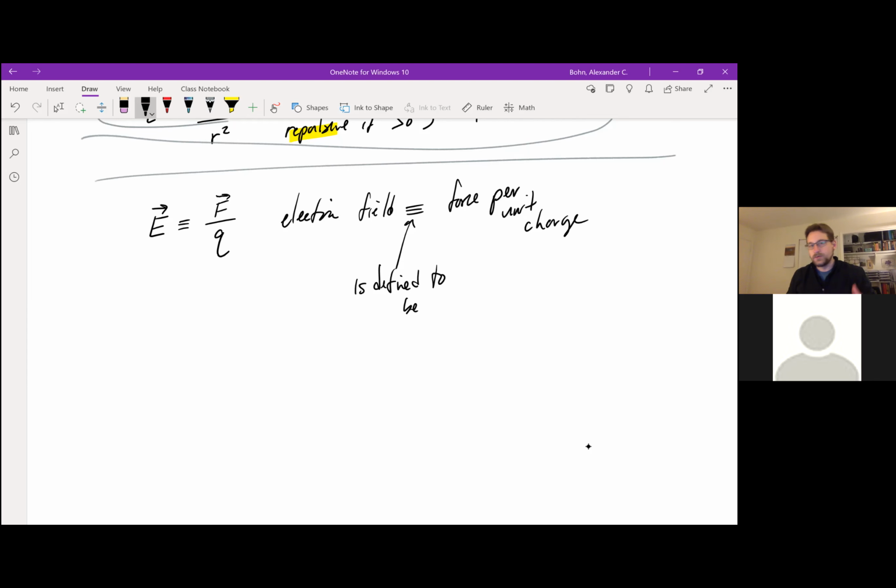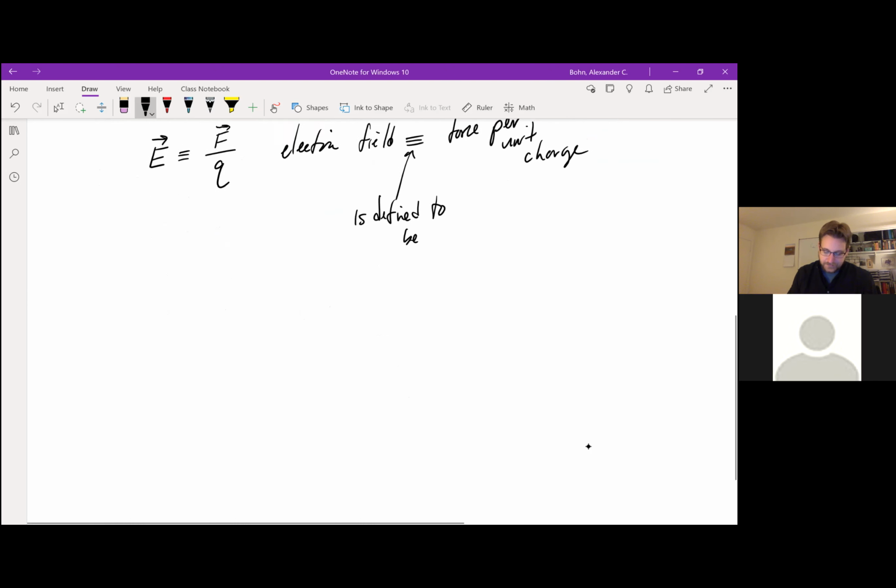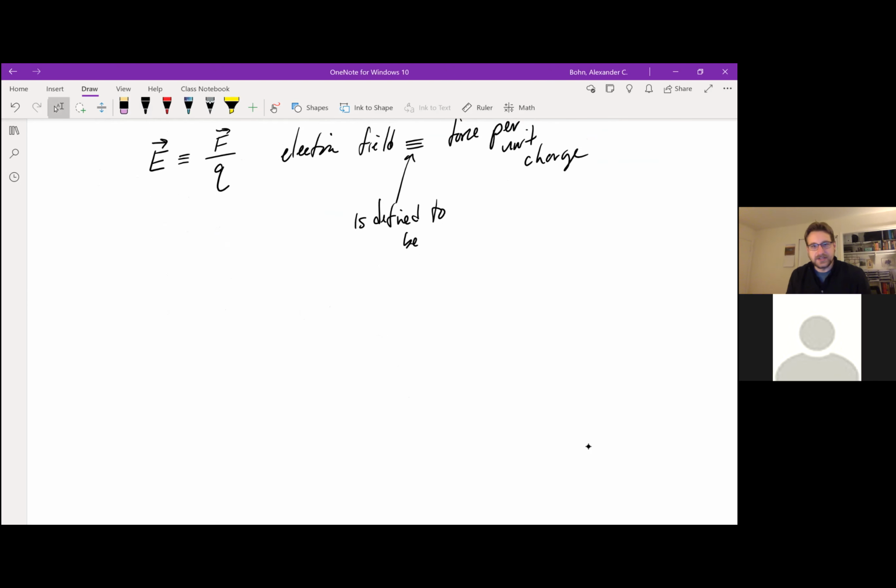Okay, so if we can talk about force per unit charge, why couldn't we talk about potential energy per unit charge? After all, force and potential energy are related, right?